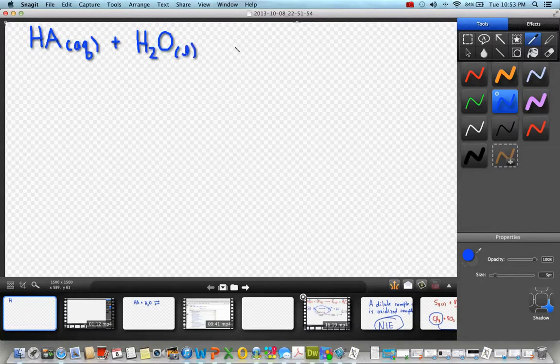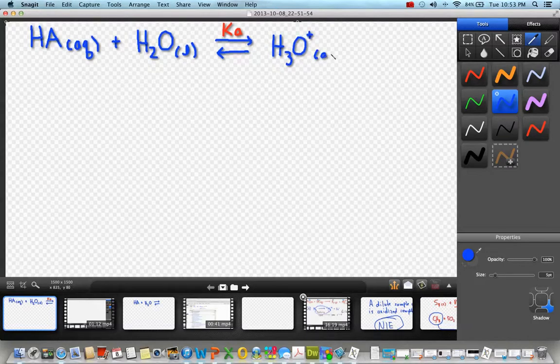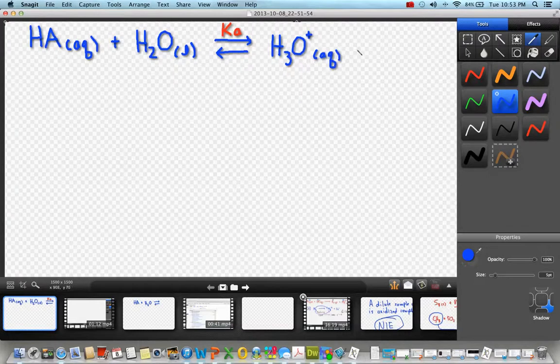And of course this reaction is at equilibrium, so it is governed by the equilibrium constant Ka. And our products will be hydronium ion, which will also be aqueous, and the conjugate base of our parent acid, A-, which again is aqueous.